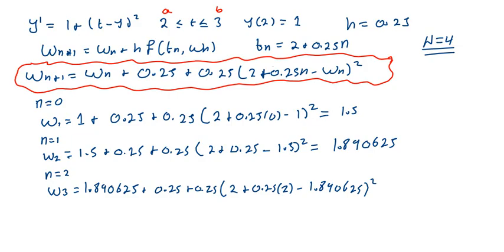Doing that on your calculator, you're going to end up with something like 2.233459473.